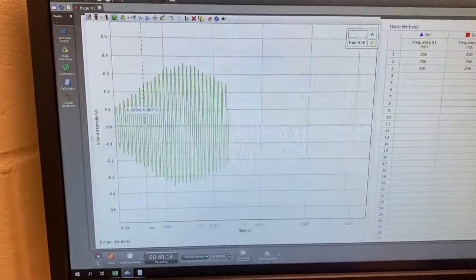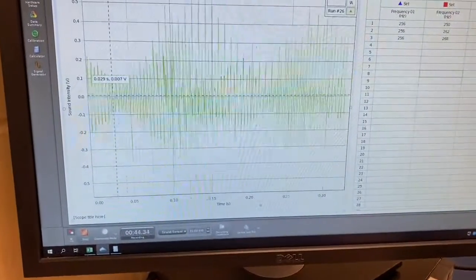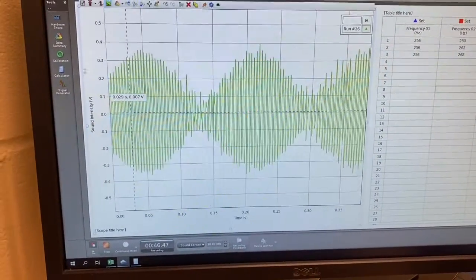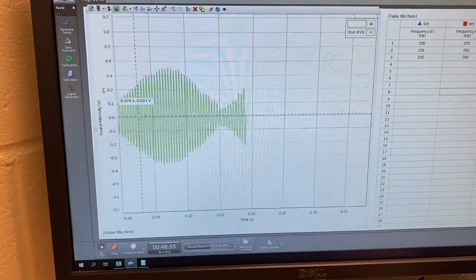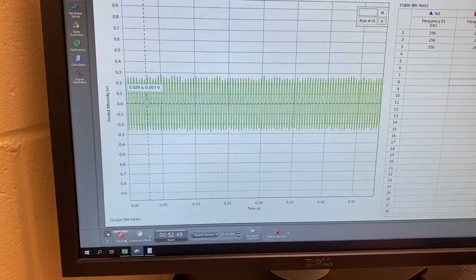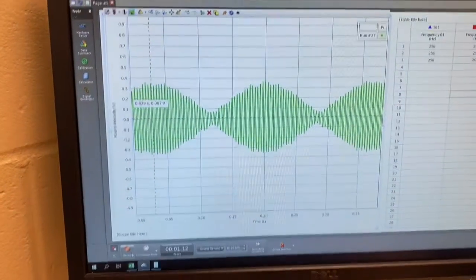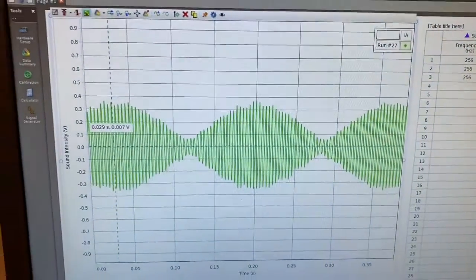On the oscilloscope, you can see this pattern. I'm just changing the time axis, and these are called the beats. So I'm going to capture that signal. So I captured the signal.